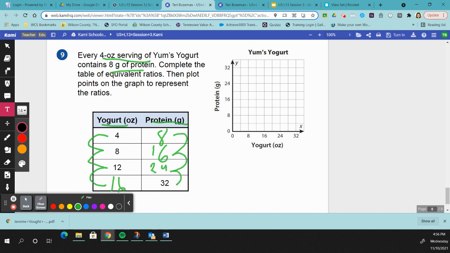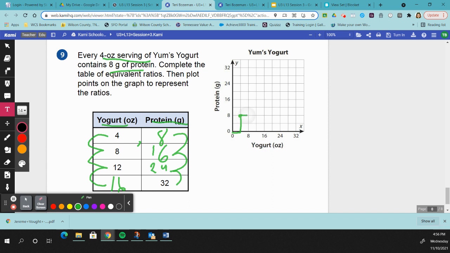So now I have my points. I have 4, 8. That's my first one, right? So I go over to 4, up to 8, plot my first point. And then I go over 1, which would be over 4, really, right? Because each square is worth 4, because 0, 4, 8, right?